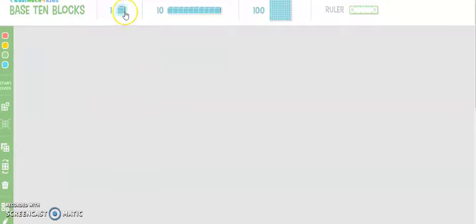So let's go ahead and review how to make one of these. Alright, so let's make our first number. We're going to go ahead and make 5. Okay? So let's make 1, 2, 3, 4, and 5. Got it? Okay. What if we add 5 more blocks to it? 1, 2, 3, 4, and 5.